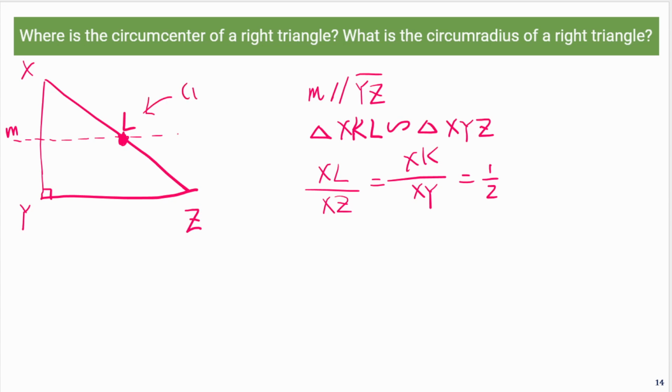This is the circumcenter. The endpoints of the hypotenuse are vertices of the triangle, so by definition, they are on the circumcircle. Since the midpoint of the hypotenuse of a right triangle is the circumcenter, the hypotenuse is the diameter of the corresponding circumcircle, right?